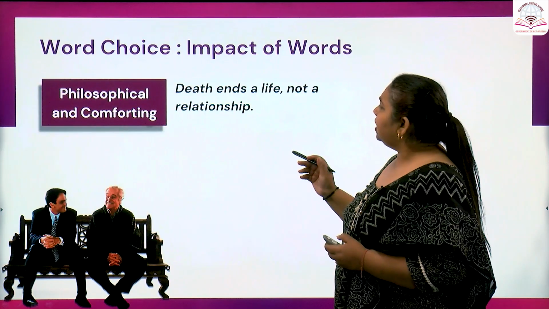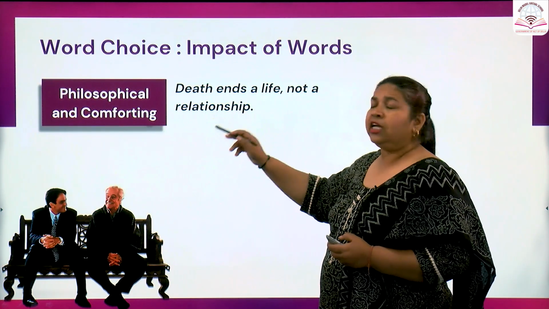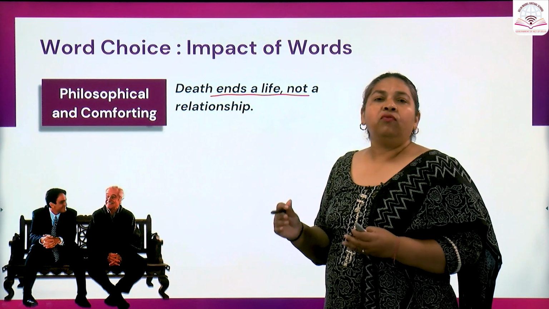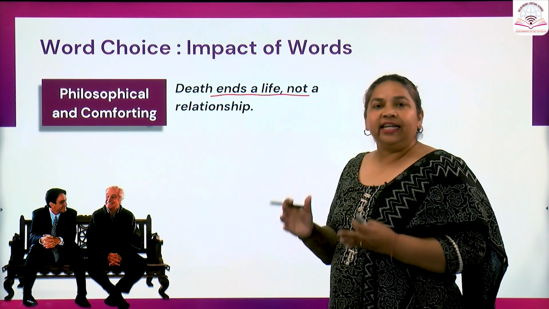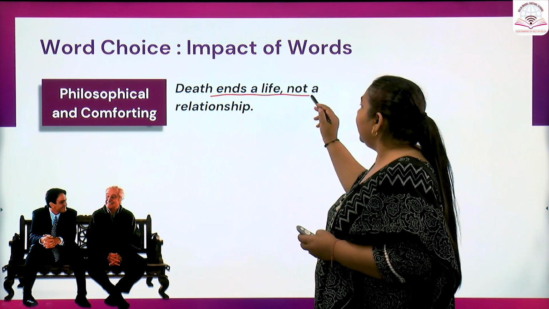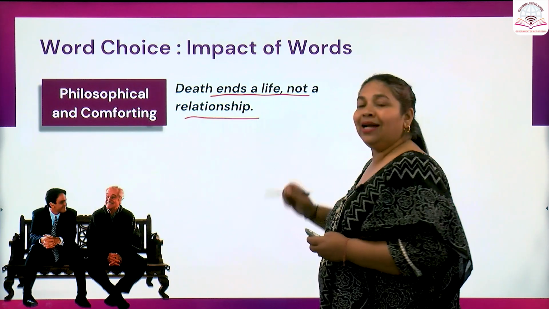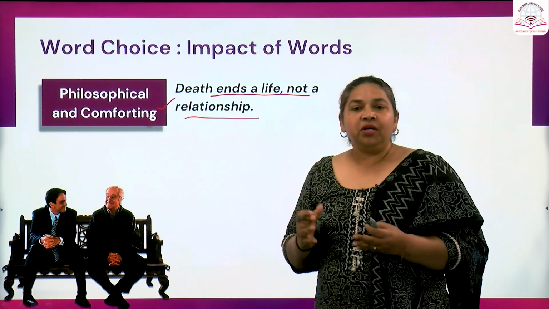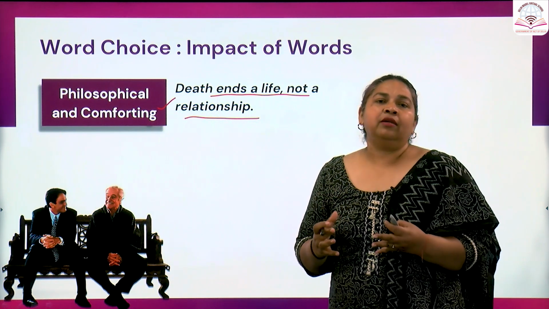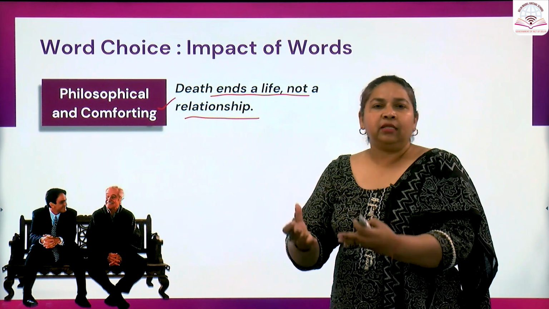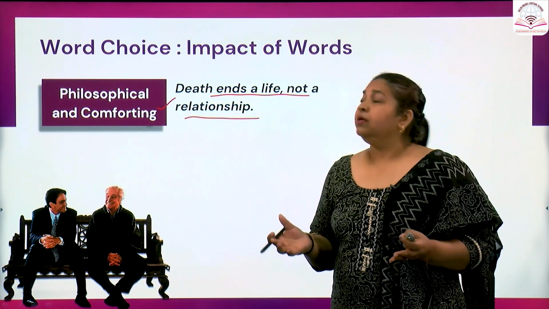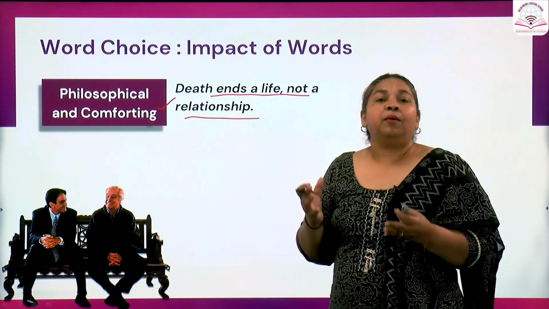And the next is philosophical and comforting. Here the line is about the end of life, that is death. Death ends a life, not a relationship. Now here it is very comforting because the bereaved one, whose friend, brother, husband, lover, whosoever is dead, needs comfort.